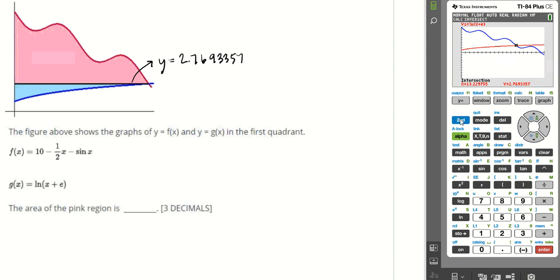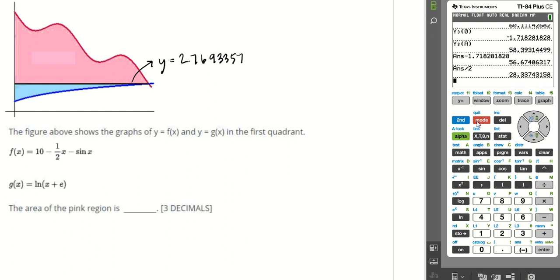And I'm going to probably store that into my calculator with B. I'm going to store that into letter B. Press enter. So now it knows when you say B, you mean that.